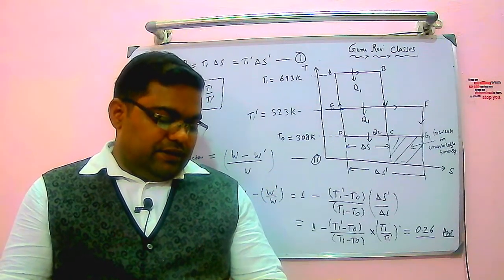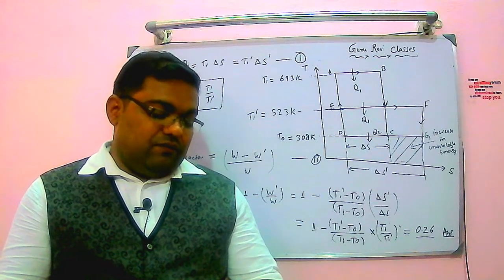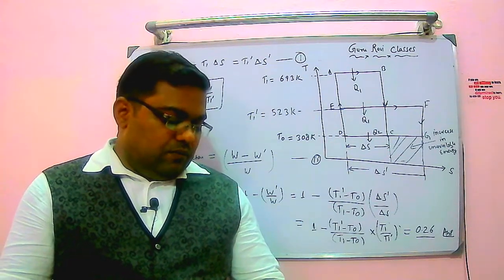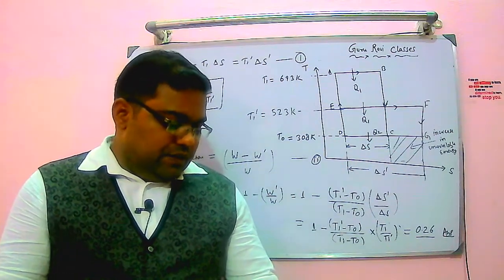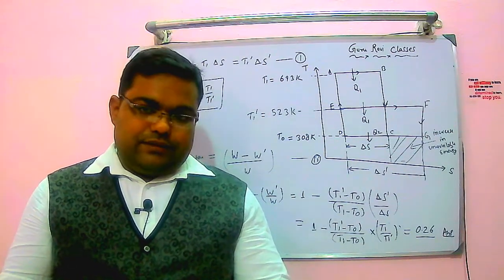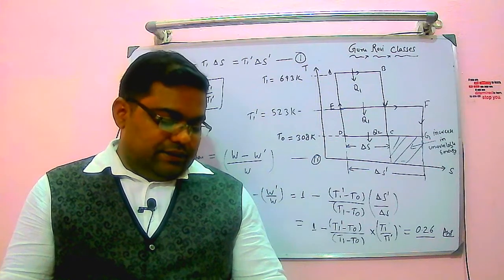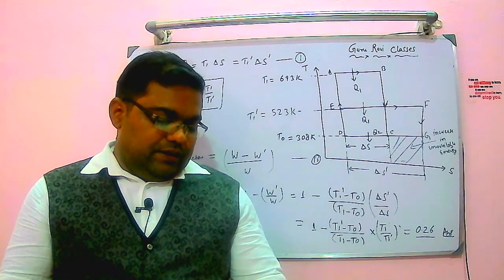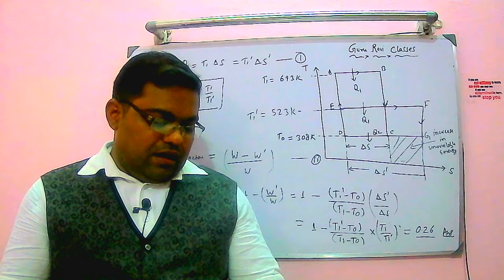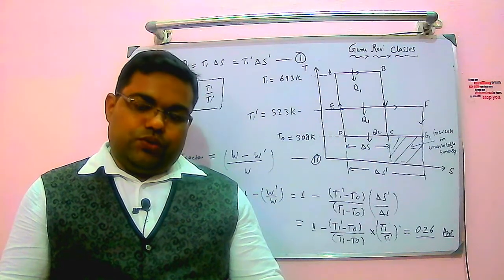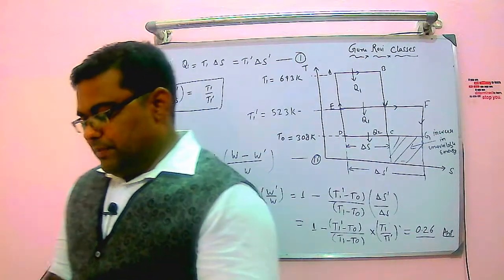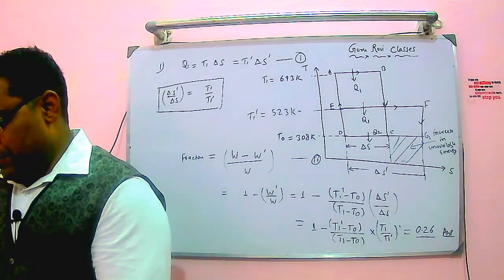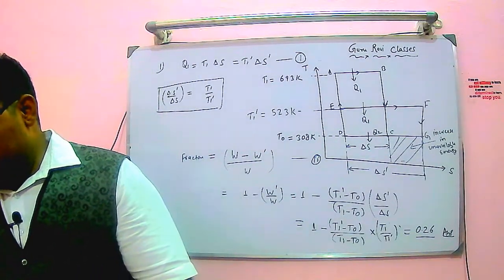Obtain the result on the basis of 1 kilogram of water evaporated. If the temperature of the surrounding is 30 degrees Celsius, find the increase in unavailable energy due to irreversible heat transfer. So this is the second problem that you are going to solve.